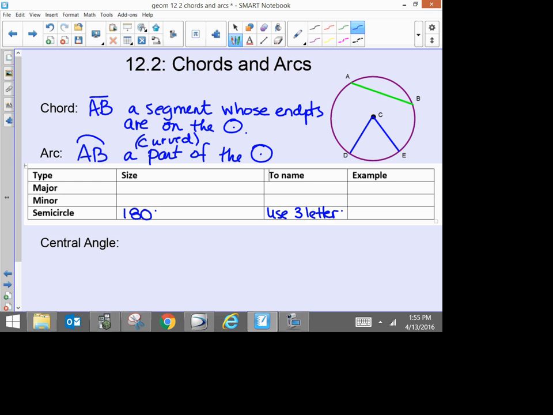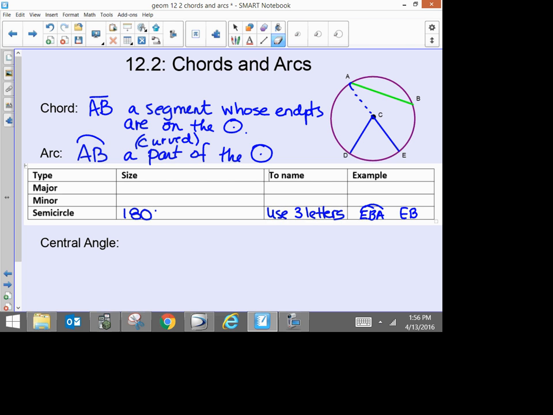So for an example, E, D, A. Let's just assume that, yeah, that's half. We'll just assume it is. So E, what was the middle letter? B. B, or an A, or E, D, A.